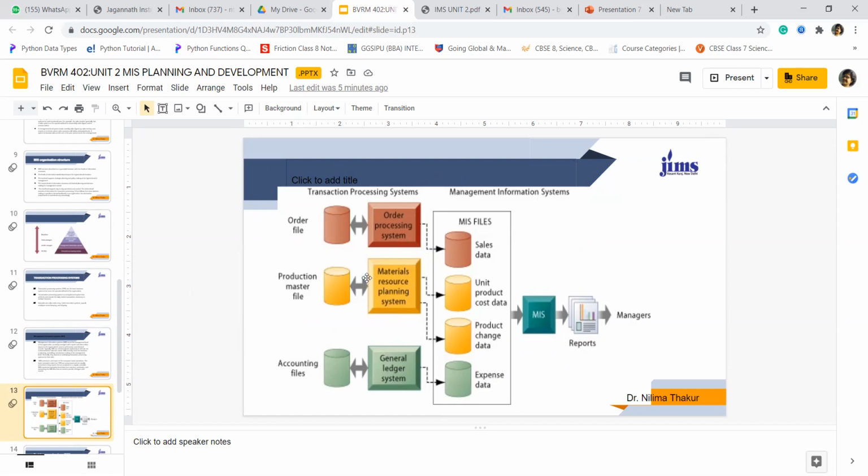All the TPS reports are getting filed into the MIS section, from order file to the MIS sales data, from production master file to unit product cost data, and accounting files, general ledger system to expense data, which comprises MIS reports and leads to the managers, that is, the executive management system report.